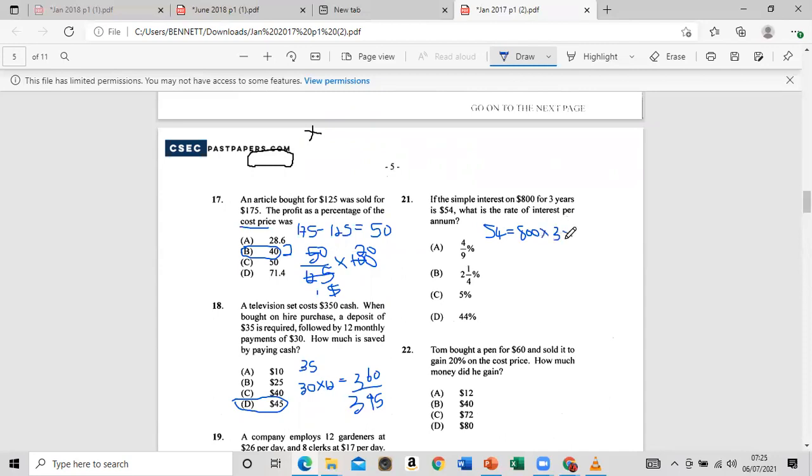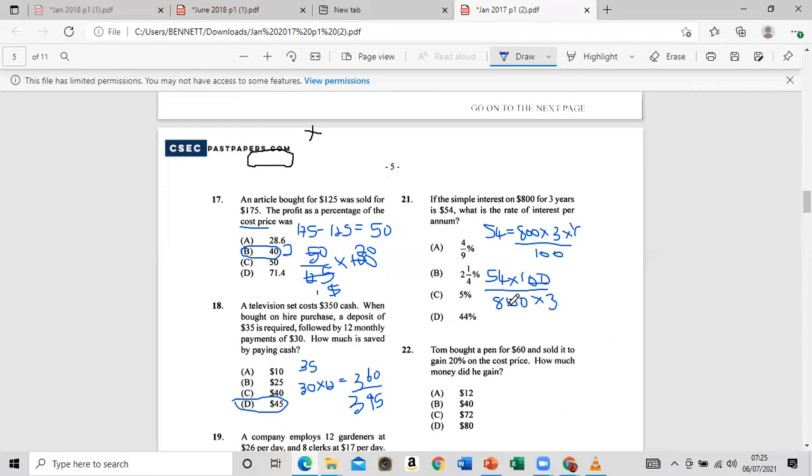I want to know the rate, so I will divide by this. Everyone should know how to transpose. If you don't know, make me a video then. There is no time right now for that, right?